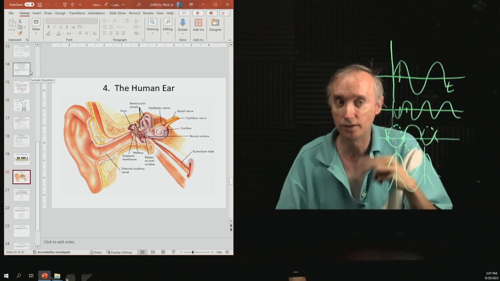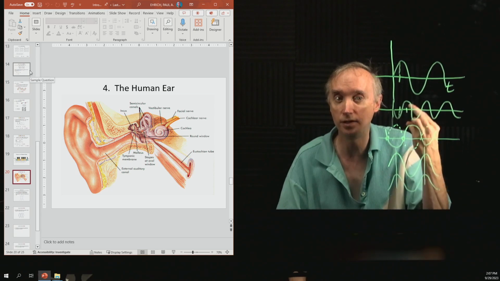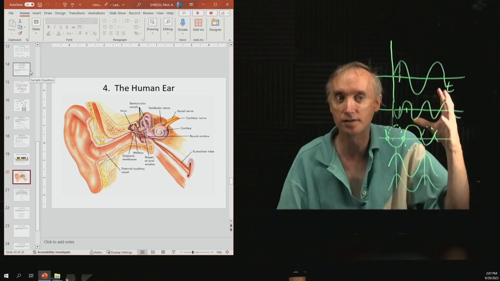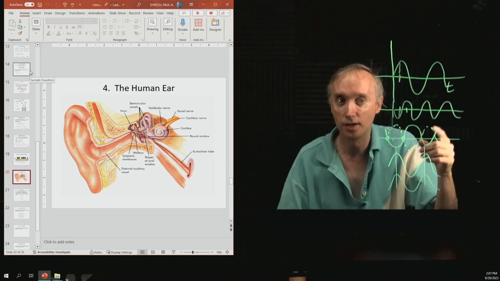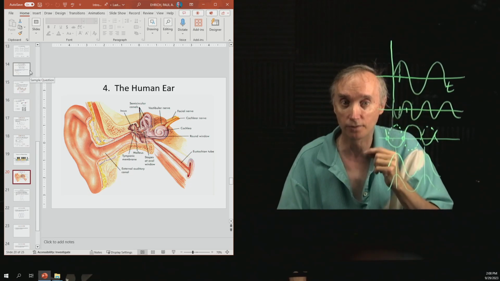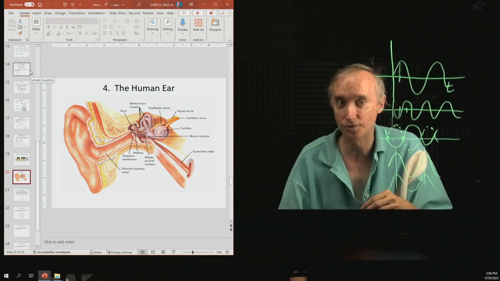The ear canal is for protection. Then the third one is the ear drum, and what that does is take the sound waves and turn them into a vibration in your ear. Then on the other side of that are the bones.